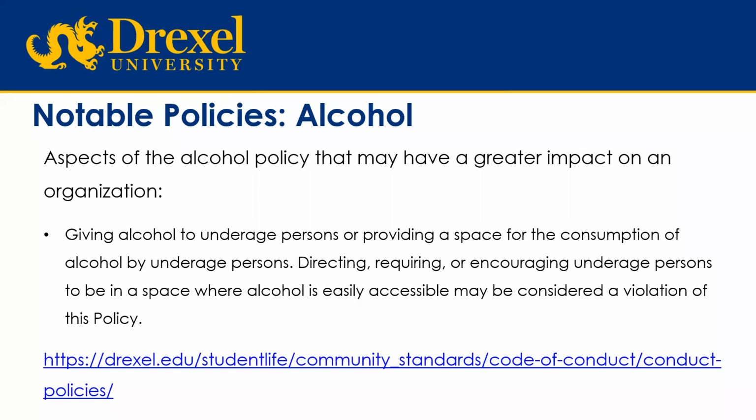If your organization plans a social gathering and any of the following examples of violations occur, then the student organization can be held responsible for the violation in addition to the individual students involved. Such violations include giving alcohol to underage persons or providing a space for the consumption of alcohol by underage persons, and directing, requiring, or encouraging underage persons to be in a space where alcohol is easily accessible.